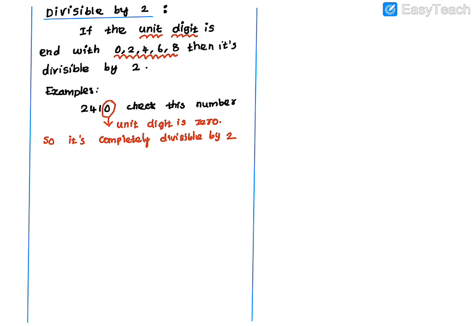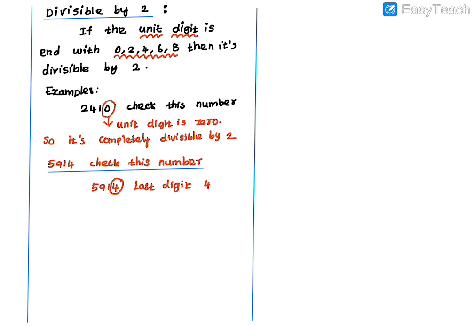One more example I will give: 5914. Check whether this given number is divisible by 2 or not. Check the last digit. The last digit, that means the unit digit, ends with 4.